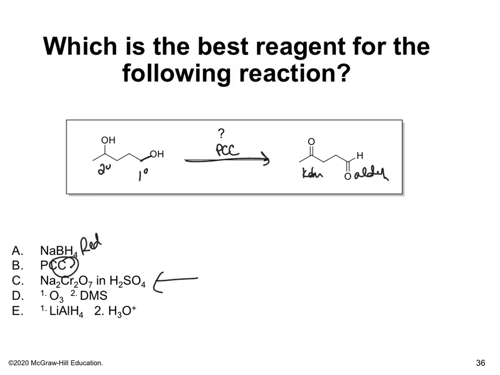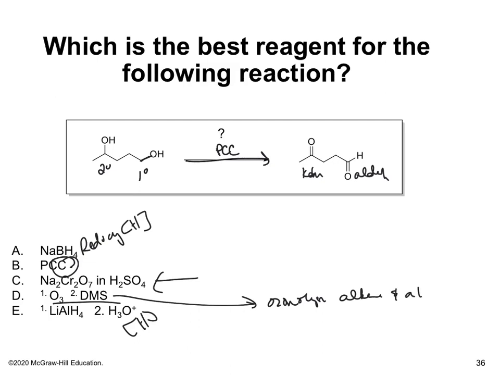These are reducing agents, sodium borohydride, so they go the opposite way. And ozone is ozonolysis. And remember, ozonolysis works on alkenes and alkynes, so not alcohols. Alcohols get oxidized by PCC and Jones. And that wraps up chapter 12.